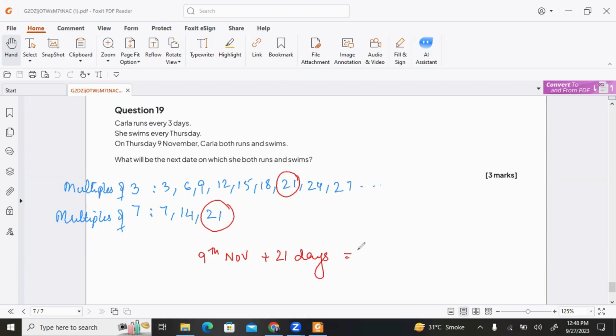We count 1, 2, 3, 4, 5, 6, 7, 8, 9, 10, up to 30th November. Yeah. So that is the next date on which she will both run and swim.